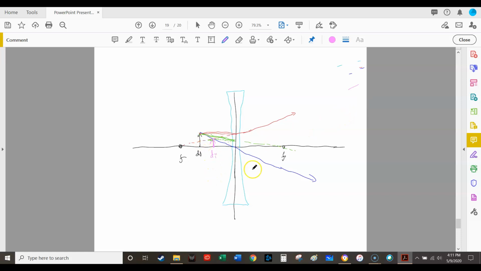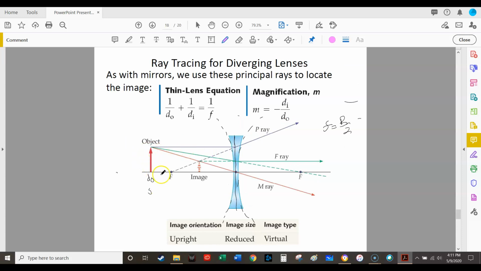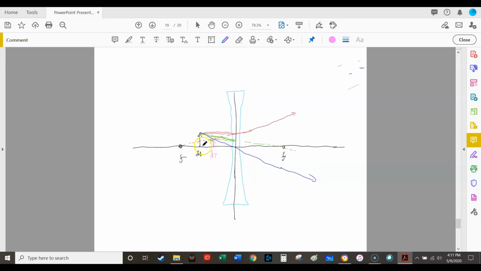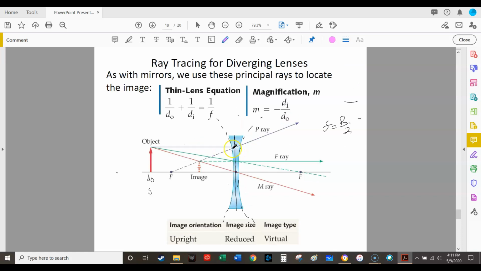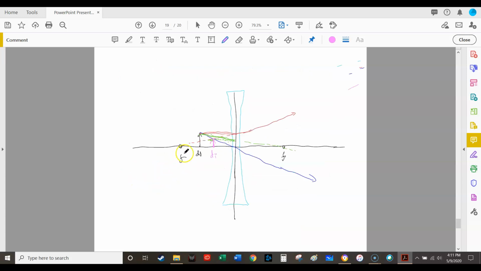And so notice that no matter where you place the object, whether it's outside the focal point or inside the focal point, the image is always going to form in between the object and the center of the lens.